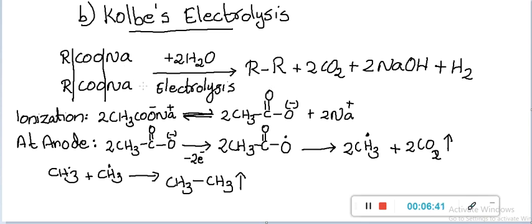This process is called Kolbe electrolysis or Kolbe electrolytic method.